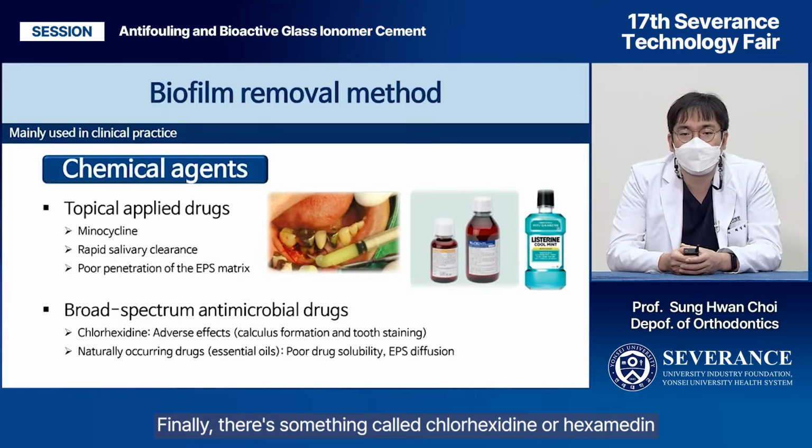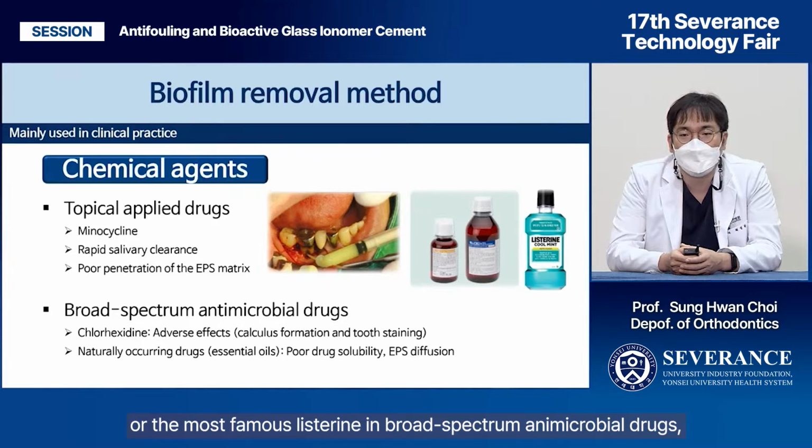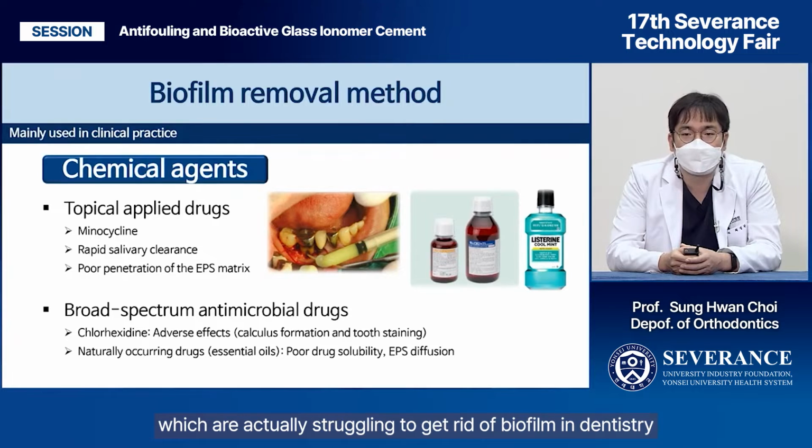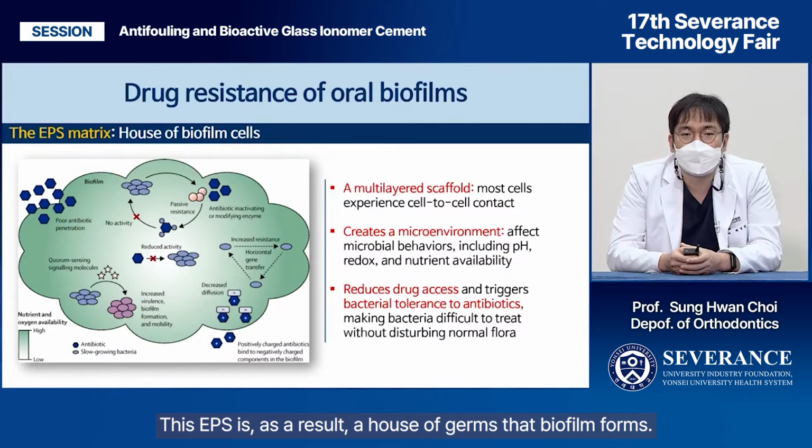Finally, there's chlorhexidine or hexamidine that we can use from a supermarket or pharmacy, or the most famous Listerine, broad-spectrum antimicrobial drugs, which are actually struggling to get rid of biofilm in dentistry because they don't have the ability to dissolve or pass through EPS. As a result, this EPS is a house of germs that biofilm forms.